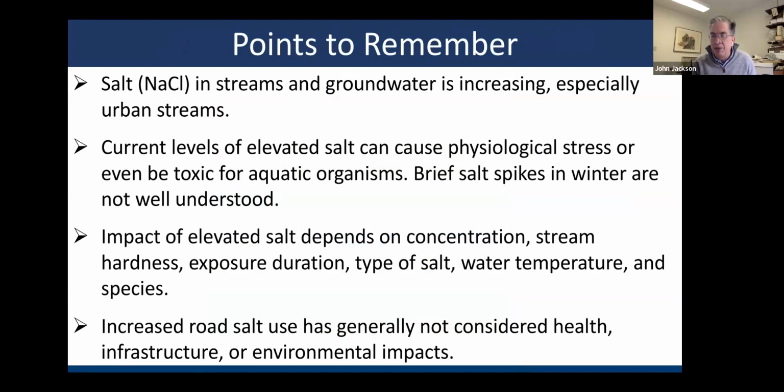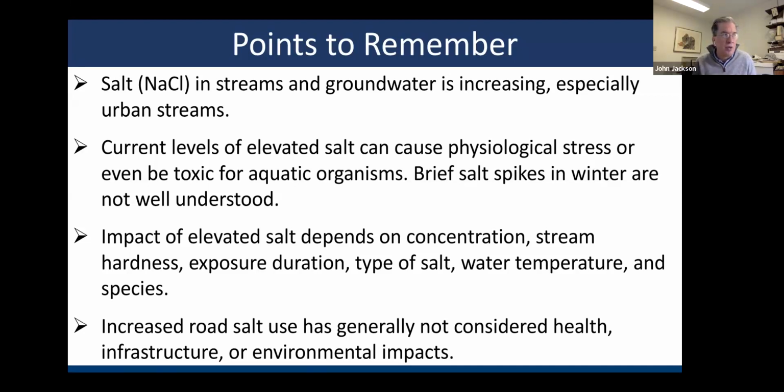I don't worry about them as much as I worry about 90 to 150 days a year where the water's hot and salty. The impact of that salt is going to depend on its concentration, but also on the hardness of your waterway and exposure duration. That's why I worry about base flow, as well as the type of salt, the water temperature, and the species that are involved. And there's just a lot to still learn about this.